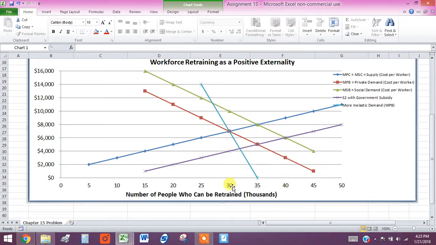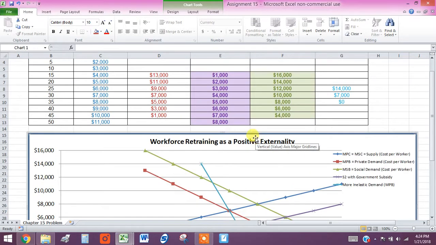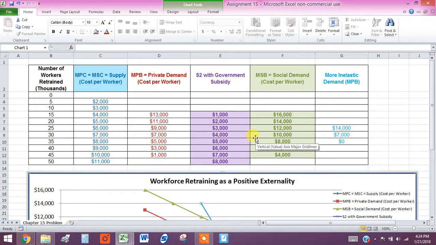It would only gain about 2,000 more trained workers, versus with this more elastic demand, we're able to gain up to the socially optimum output of 35,000 workers. So the shape, or the elasticity, of demand matters. And that pretty much does it for your Chapter 15 homework.